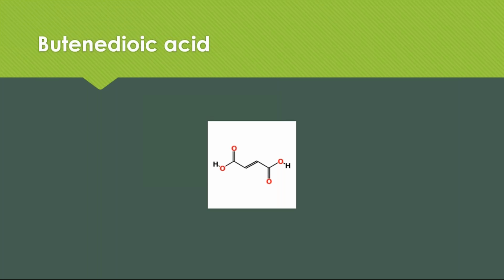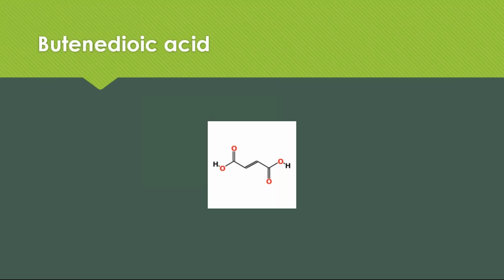What are the groups attached? One is hydrogen and the other is the carboxylic acid, the COOH group. So what are the isomers of this butenedioic acid? Cis butenedioic acid and trans butenedioic acid.